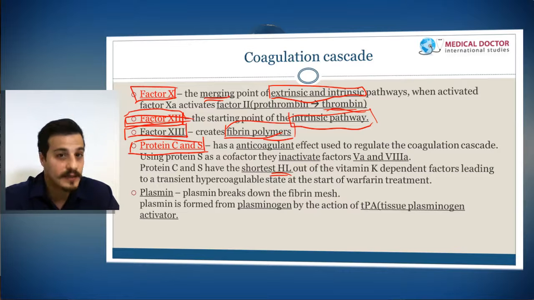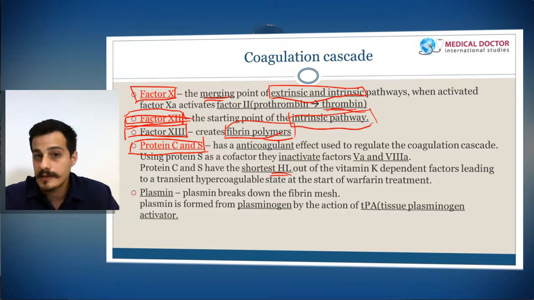Now, this is a very important point, and we're going to talk about it further on, but try to remember that treatment with warfarin, for example, is associated in the beginning with a hypercoagulable state.